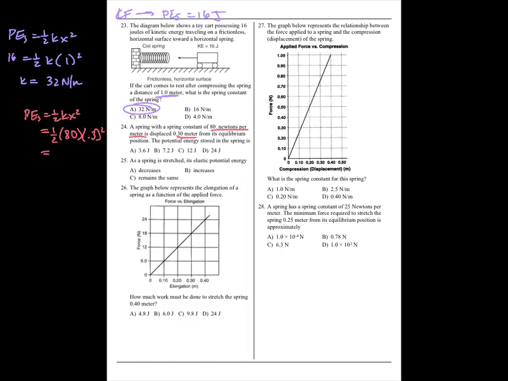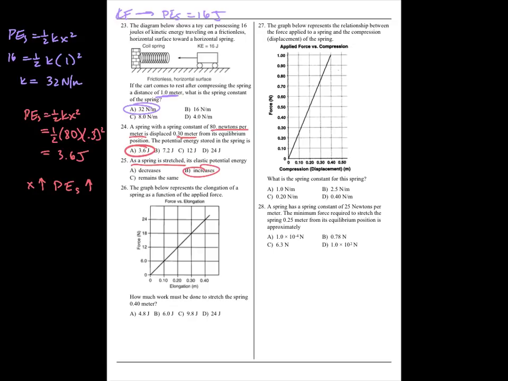So we get 3.6 joules is our answer. Now, as the spring is stretched, so that means it's increasing X. What happens to the potential energy? That should also go up. The more you stretch it, the more you compress it, the more energy it has built up. Simple as that.